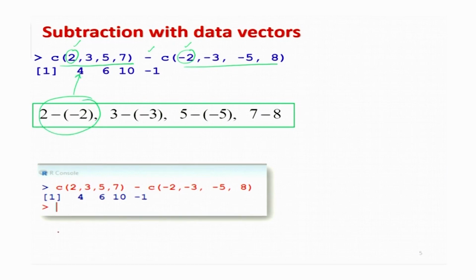Now, similarly, the control will come to the second value in the data vector 1 and the second value in the data vector 2, and then they are operated like 3 minus, inside the parenthesis, minus 3, and then it will become 6.